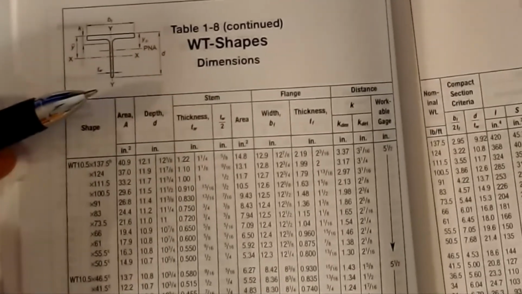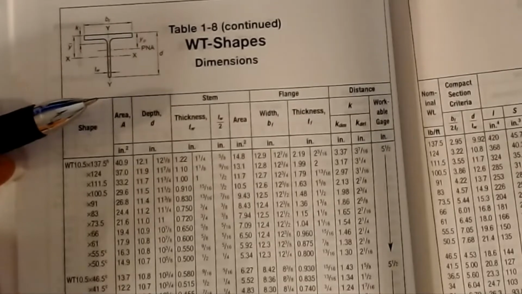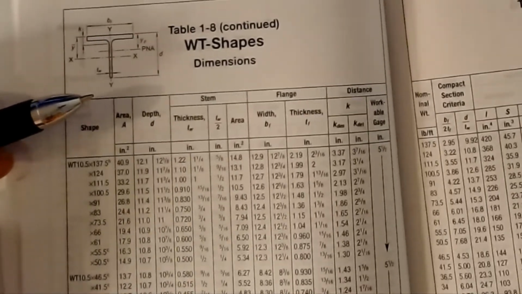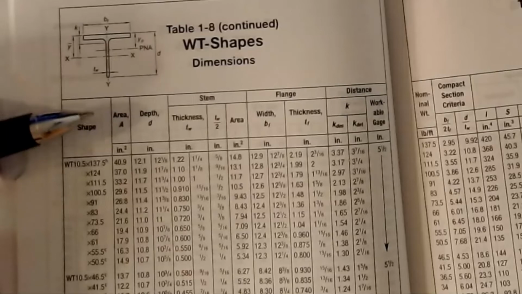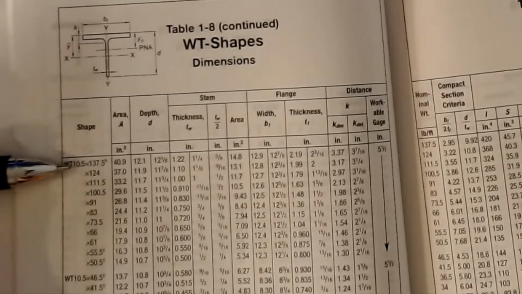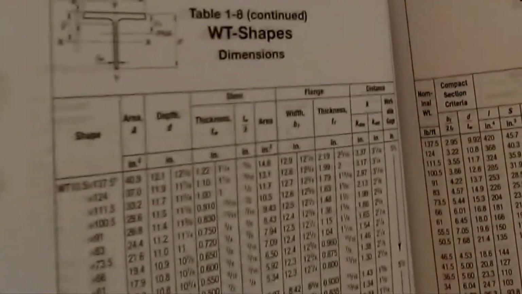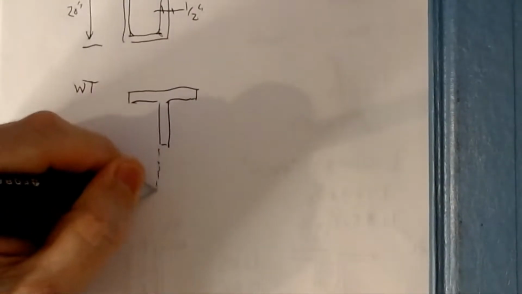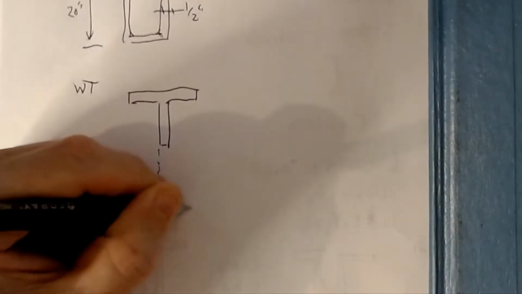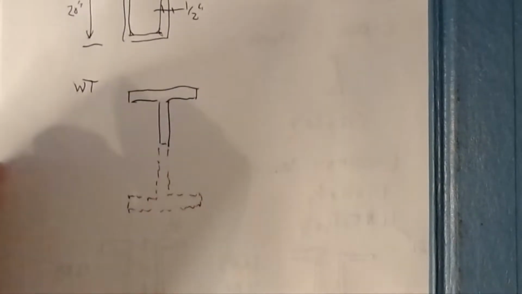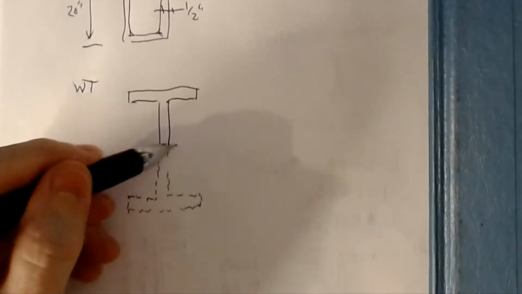These designations are a little bit different. In fact, they don't give you all of the section properties associated with some of this, because these guys are fabricated from W shapes. If we look at the way that these are made, the base shape of this thing is actually cut from a W shape that's twice as much, and it's cut in half here.